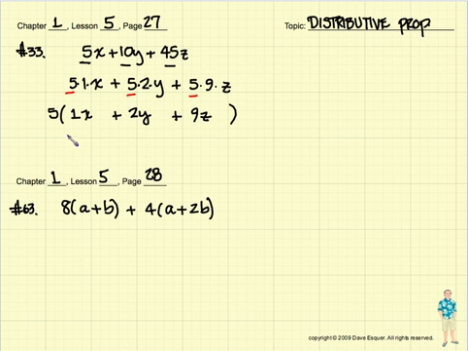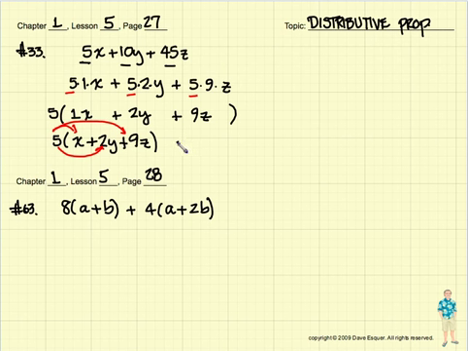So if we have this completely factored, I think our answer turns out to be 5 times the quantity of x, same as 1x, plus 2y plus 9z. In the problem, it says make sure you check by multiplying. So we're going to use our wacky arrows, and we're going to distribute the 5 back inside.